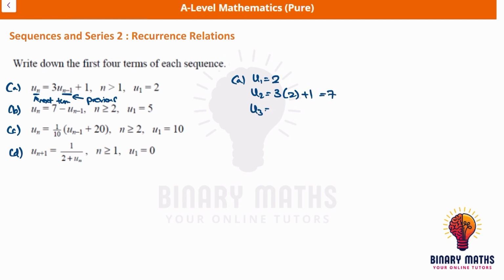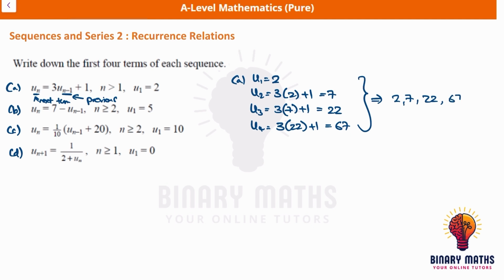To get u3, you're doing 3 times the previous term, which is 7, plus 1, which is 21 plus 1, which is 22. And u4 will be equal to 3 times the previous term, which is 22, plus 1, which is 67. Which means the sequence is 2, 7, 22, 67.